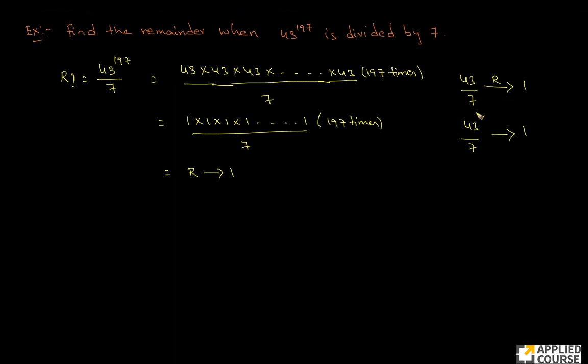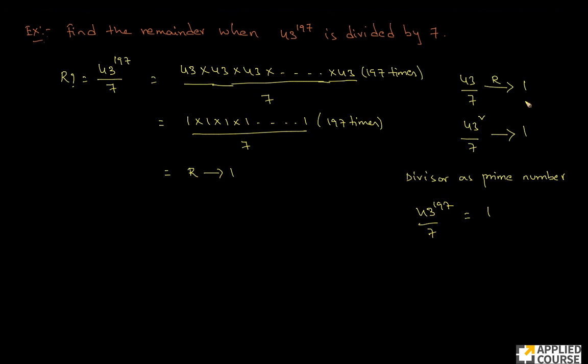See, when you have a divisor as a prime number, suppose 43^197 by 7, what do you get as the remainder? 1.